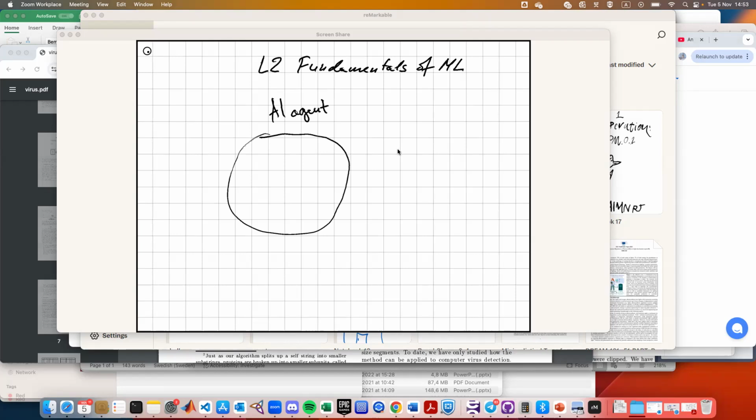An AI agent interacts in a bidirectional way with the environment. We are talking specifically about an intelligent agent.